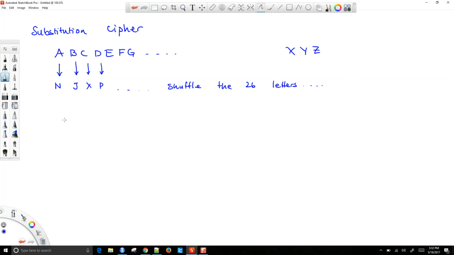And so every letter is substituted with another letter, and that's how the substitution cipher works.